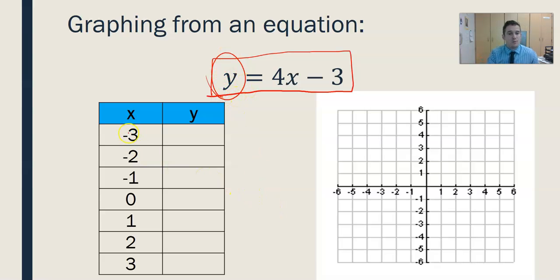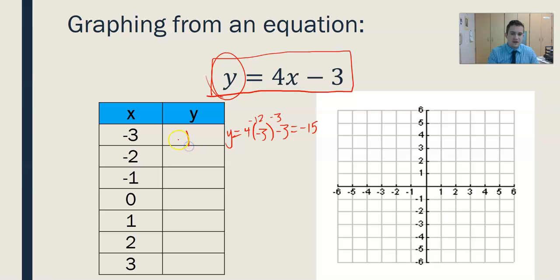get a y value. For example, here, if I tell you my x value is -3, I'm going to have y equals 4 times x minus 3, and instead of x, I'm telling you that x is -3. So 4 times -3 minus 3. Well, 4 times -3 is -12. Minus 3 is -15.